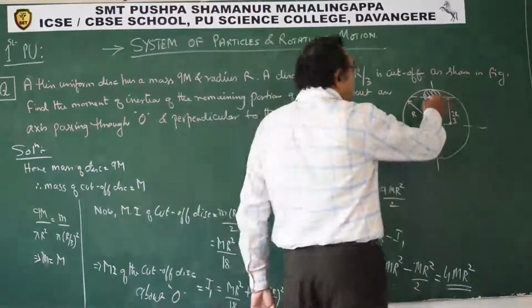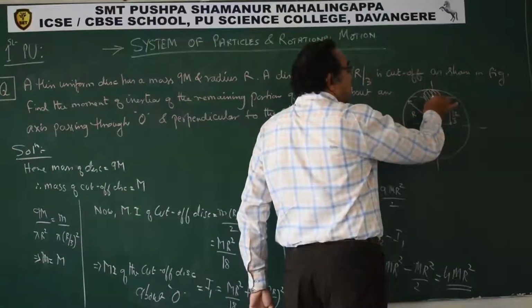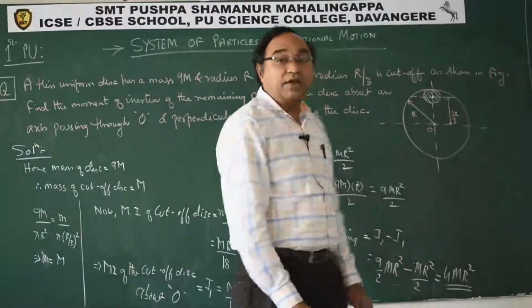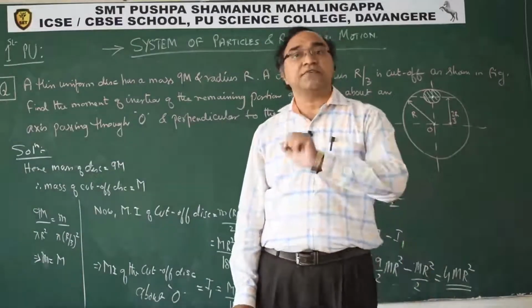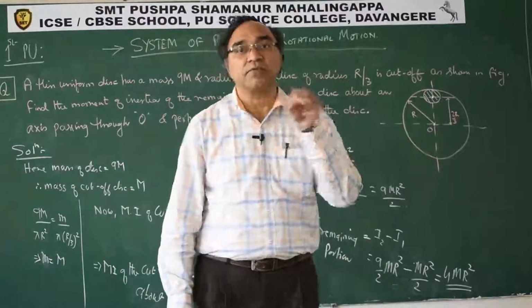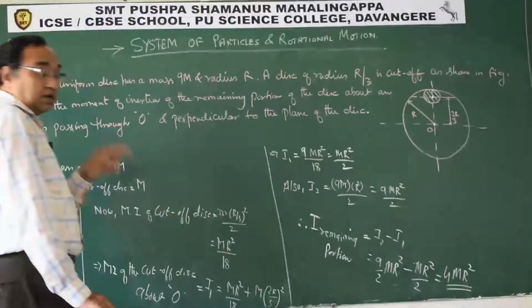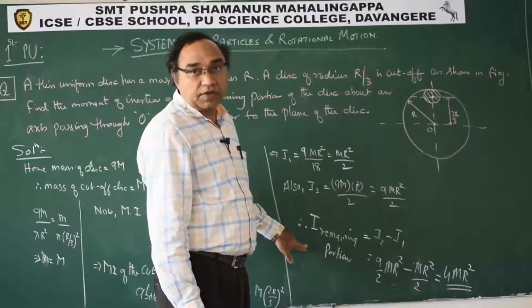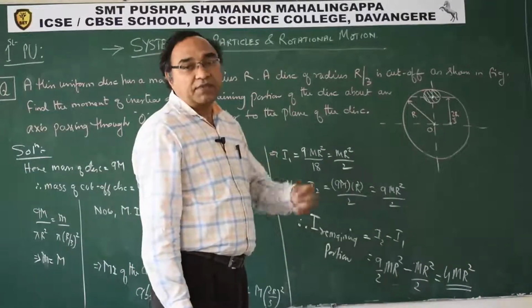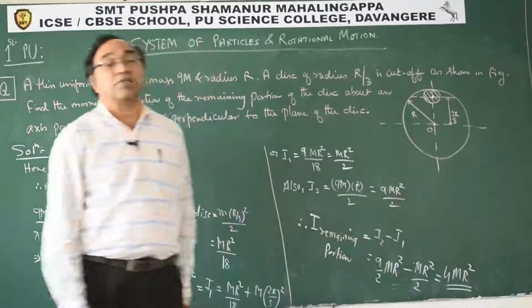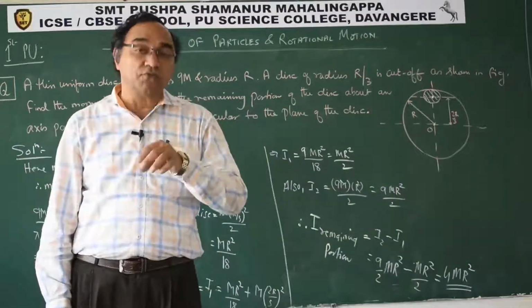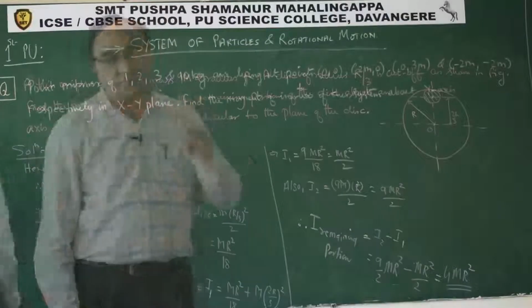Because you found the moment of inertia of the disk about this point, and now we want it about O. Therefore we use the parallel axis theorem. The third concept: the moment of inertia of the remaining portion is always the original minus the one which is removed. That is exactly what we have done. So students, this is how you are supposed to analyze and understand every question.